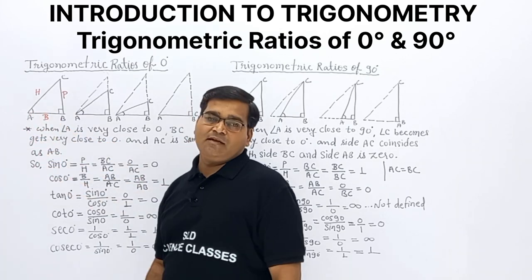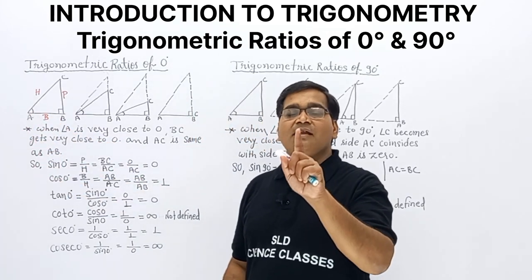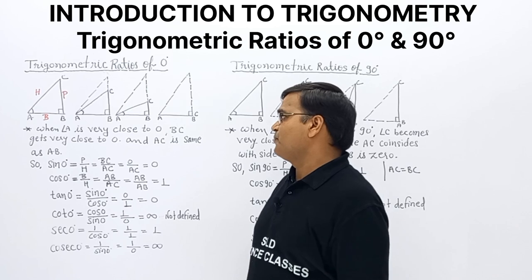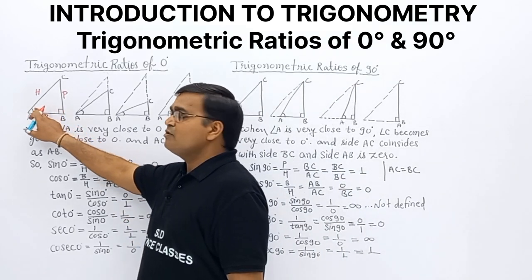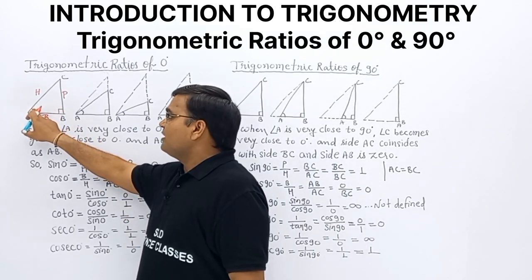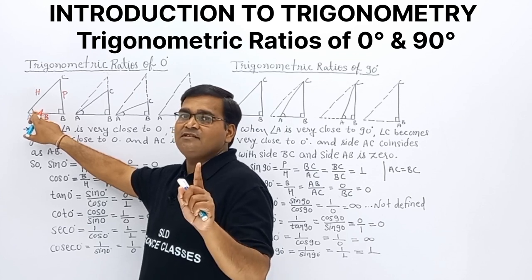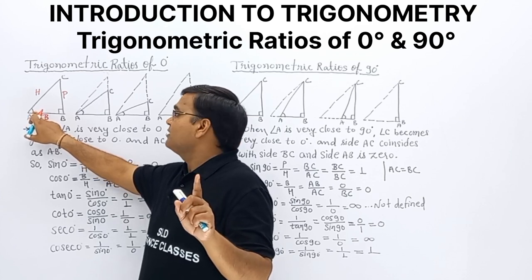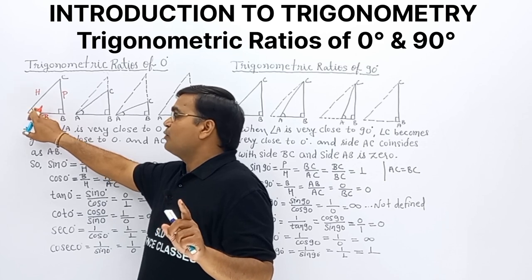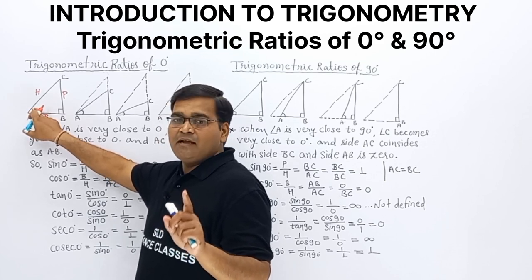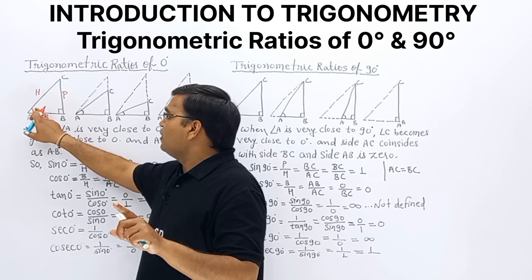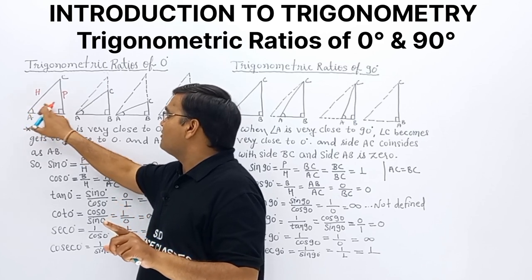But once this acute angle A becomes 0, observe carefully. I hope you understand all these things if you observe carefully. Once we reduce this angle to 0, angle A is reducing.